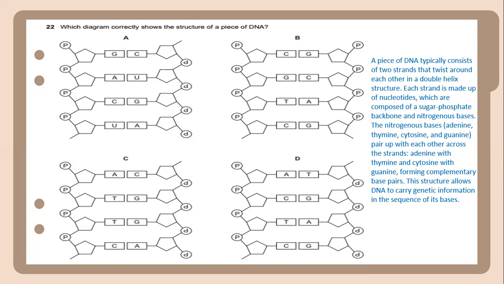The nitrogenous bases, adenine, thymine, cytosine, and guanine, pair up with each other across the strands. Adenine with thymine, as you can see, and cytosine with guanine, forming complementary base pairs. This structure allows DNA to carry genetic information in the sequence of its bases.